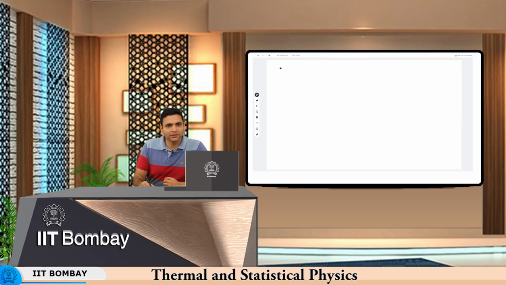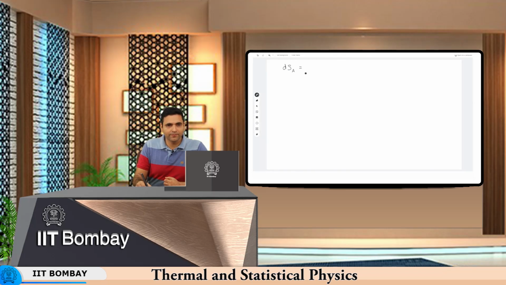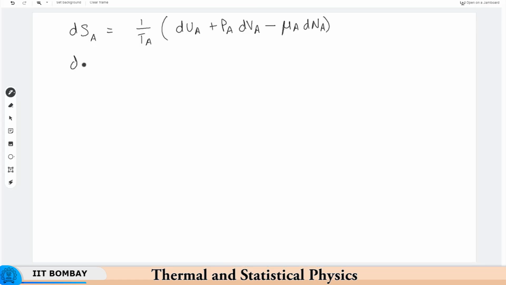So, from these two equations we can write dSA. I am just dividing everything by temperature T and taking everything to the other side. So, this becomes 1 by TA times dUA plus PA dVA minus mu A dNA, and similarly dSB equals 1 divided by TB times dUB plus PB dVB minus mu B dNB.